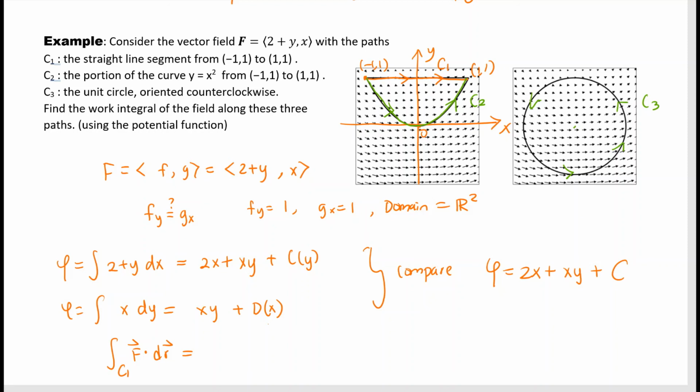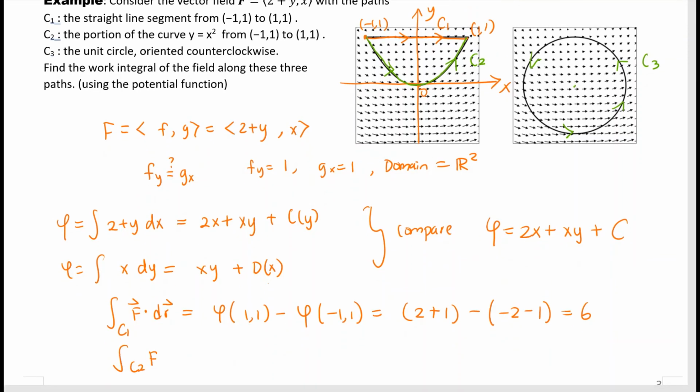So the work is phi of the terminal point 1, 1 minus phi of the initial point -1, 1. Let's plug in 1, 1: 2 plus 1, minus plug in -1, 1. X is -1, so -2 and -1. Oh, we get 6.